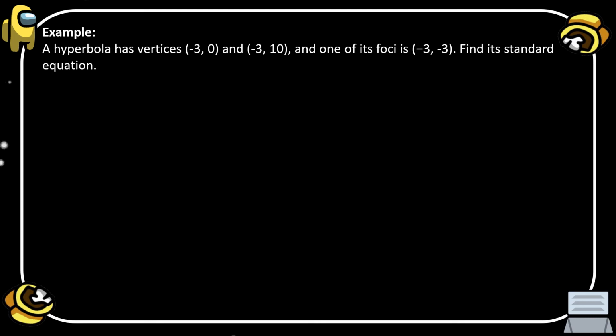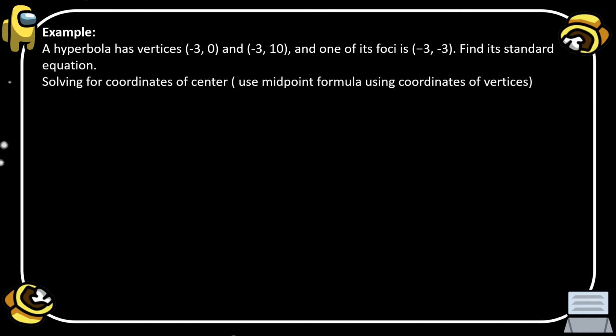Okay. So, since vertical ni siya, so kung kuha ta og standard equation, magkinahanglan ta og value ni A ni B. Unsaon pagkuha sa value ni A og ni B? So, since vertex 1 o vertex 2 ang gihatag, kuhaon nato sa una ang coordinate ni center. So, how to find the coordinate of the center? We will use the midpoint formula. Unsa may ato ang midpoint formula?